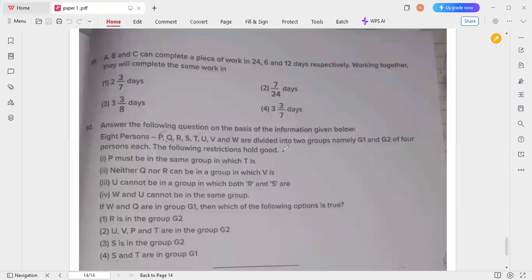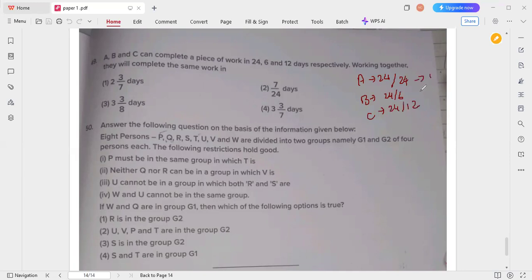So here A can complete the work in 24 days, B in 6 days, and C in 12 days.